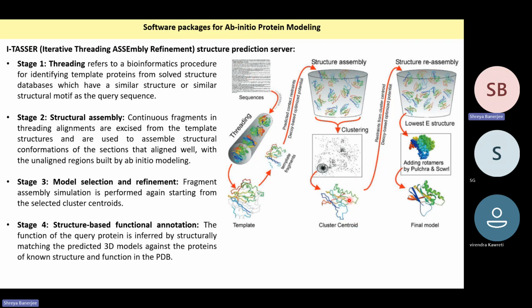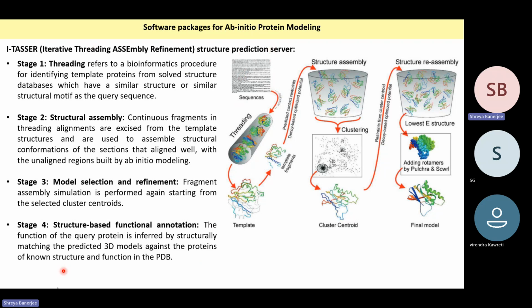If the structure matches, so suppose the structure you're getting from the unknown protein is a combination of structures of 3 known proteins, then whatever is the function of those 3 proteins, the unknown protein will have a combination of those functions. So like that, by structural and functional relationship, that is the final step, where the function is predicted based on the known structure-function relationships in the database.